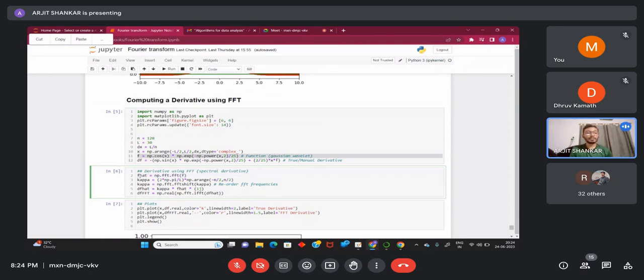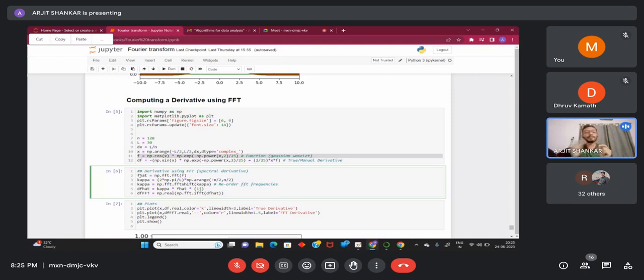Now we will find the kappa values. So here are the kappa values: 2 pi by L times that whole array from minus n by 2 to n by 2. Same thing. Now, what is np.fft.fftshift doing? It takes the kappa and arranges it. Sometimes I've calculated f hat separately, and I'm defining the kappa separately, and the kappa indices should exactly match the f hat indices.